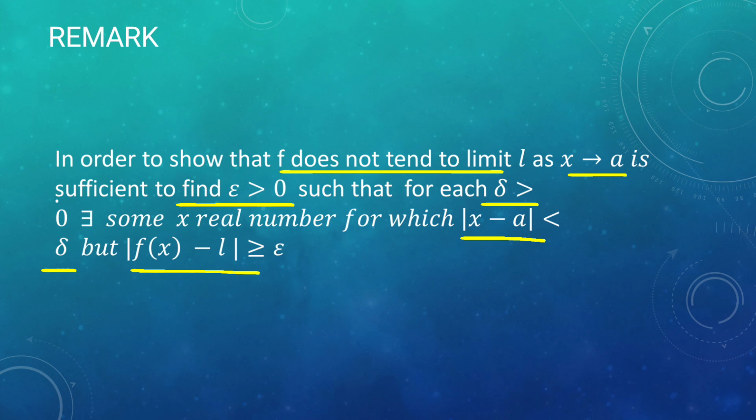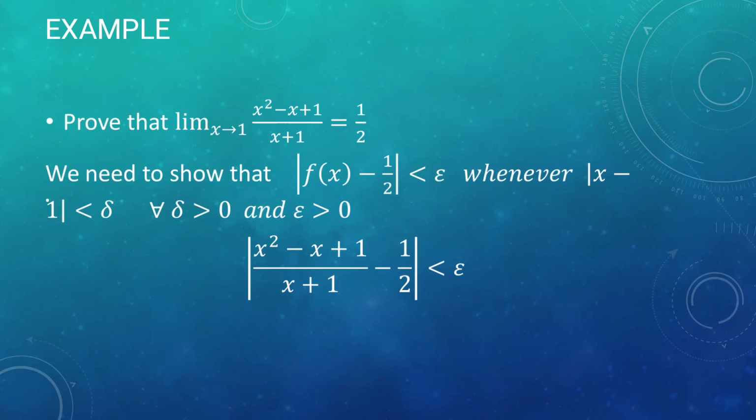Remember, for L to be a limit, this should be less than epsilon, but if it happens to be the opposite, then we say that L is not the limit of that function.